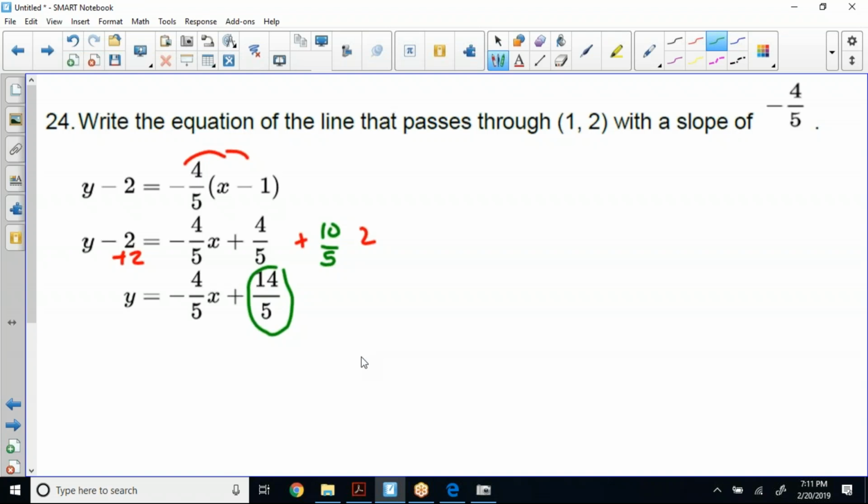Okay. Any questions? How you got 10 over 5? Okay. This one has a denominator 5, right? So let's think about this. I got 4/5 plus 2 over 1, right? Okay, so I need to make sure that they have the common denominator, right? So I need to make sure that this 1 times 5 is 5, right?